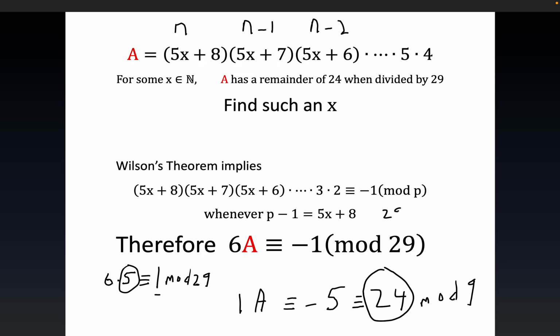I'll just write it down rather than talk. 29 minus 1 is equal to 5x plus 8, anticipating the answer. And then if you do the remainder of this, you get x is equal to 2.